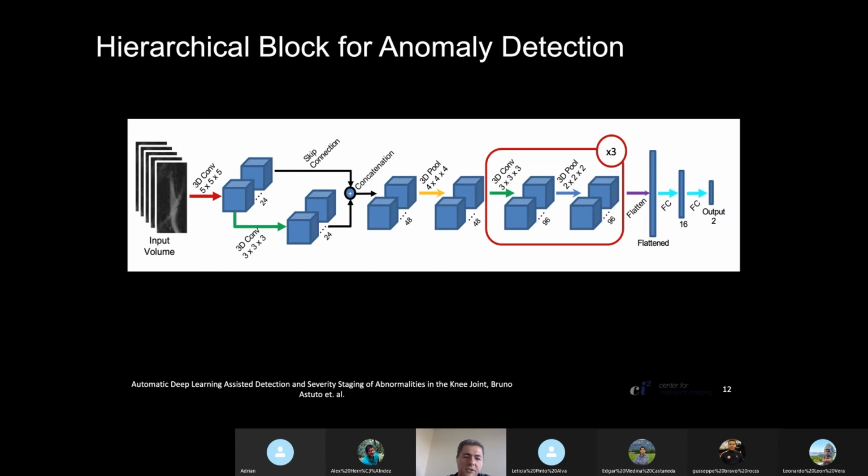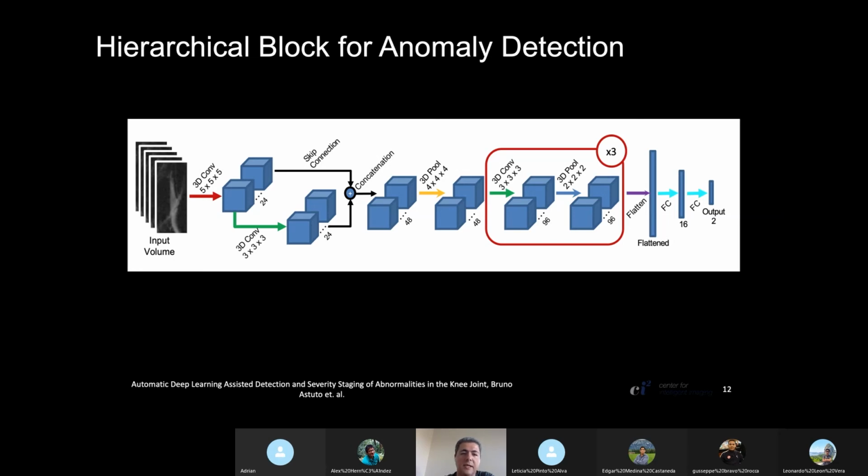Why do I have this concatenation? Because this concatenation gives me an output with different scales of the features of the image, and that helped the training. So I experimented with and without the concatenation.